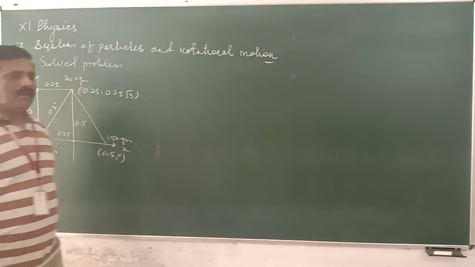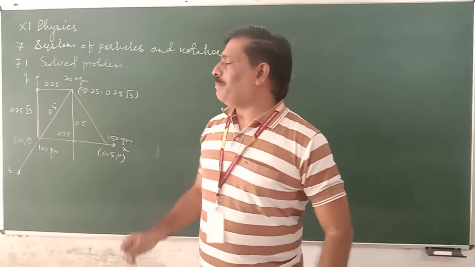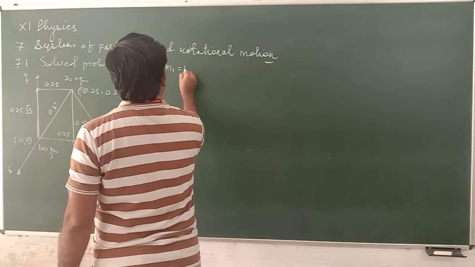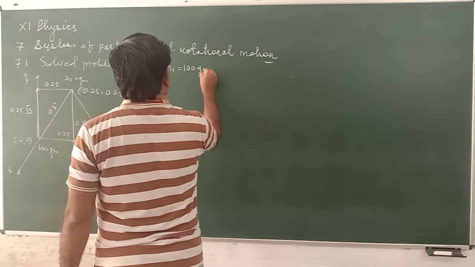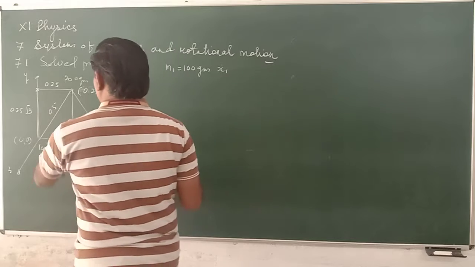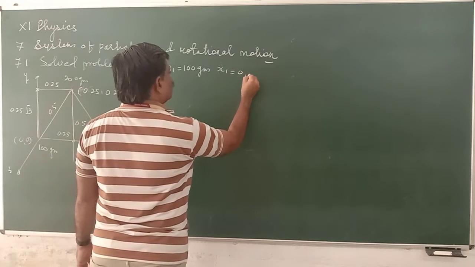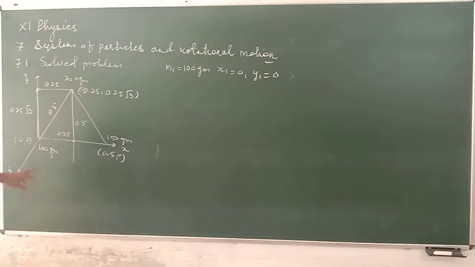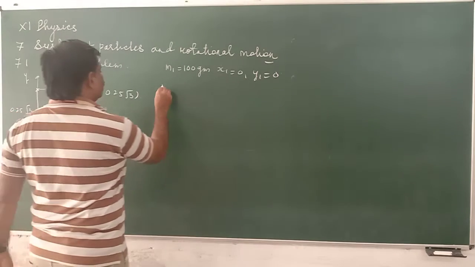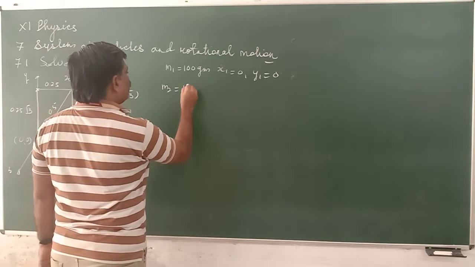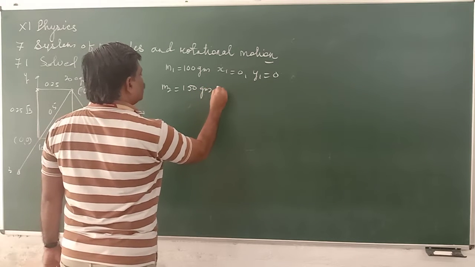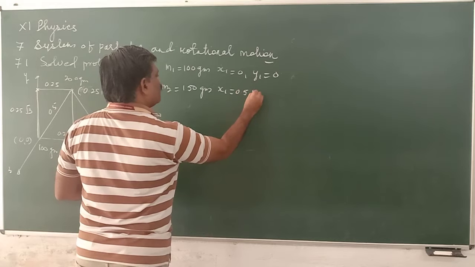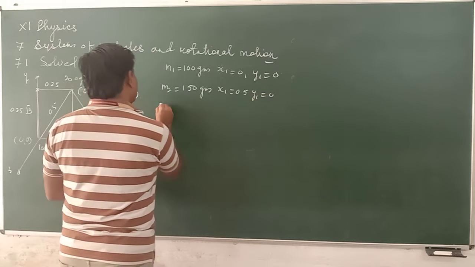Okay. Let's take the center of mass we want to find out. M1 is equal to 100 gram, X1 is equal to 0, Y1 is equal to 0. Similarly, M2 is equal to 150 gram, X2 is equal to 0.5, Y2 is equal to 0.